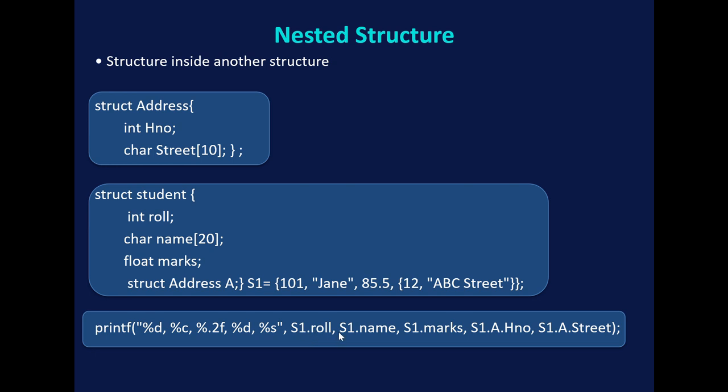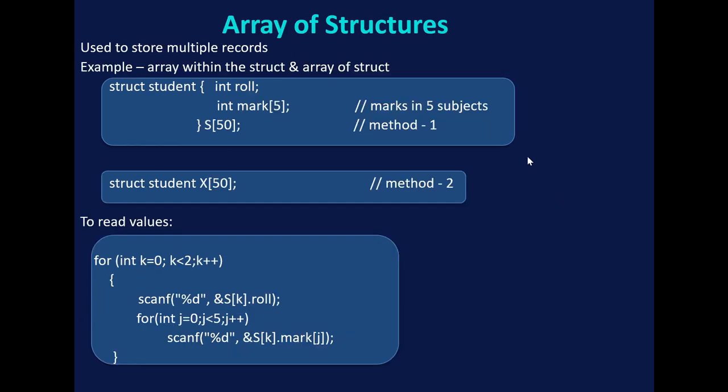It's variable dot member using the member selection operator. When it comes to the nested variable a, then it's the outer variable s1 dot inner variable a dot the member h and o. So the syntax of referring to the nested members is important.